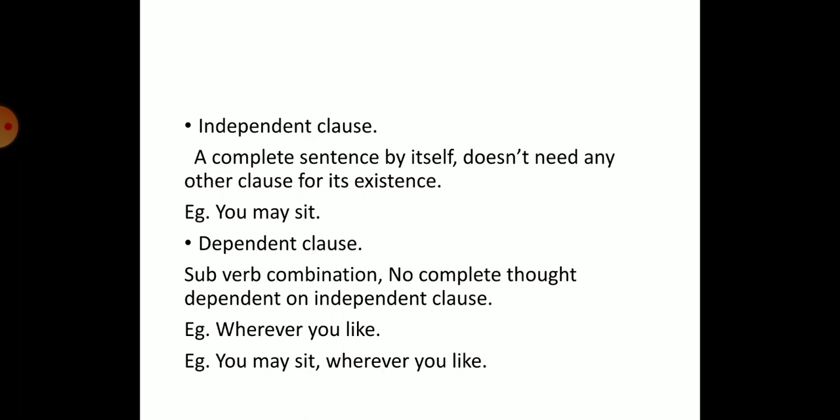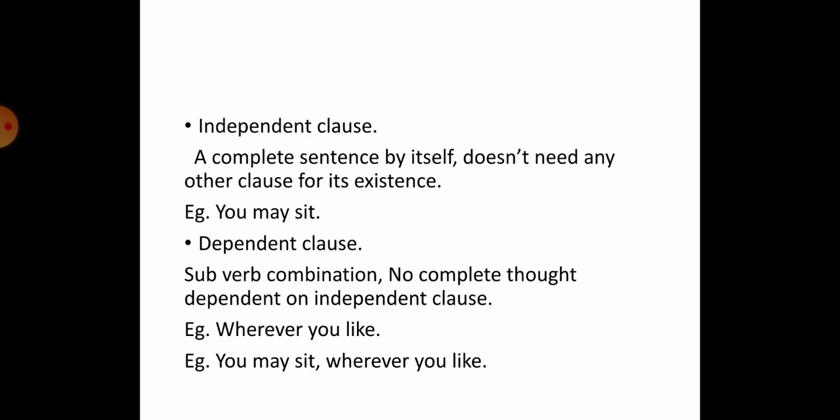Then, what is a dependent clause? It has a subject and verb, but it doesn't have a complete thought by itself, and it is dependent on an independent or main clause for a complete thought. For example, wherever you like. Here, you is a subject and like is a verb, and the whole clause has meaning as well, but it's incomplete.